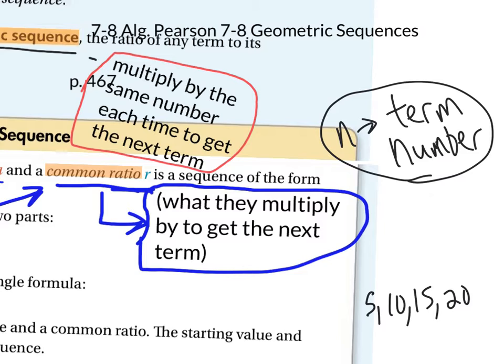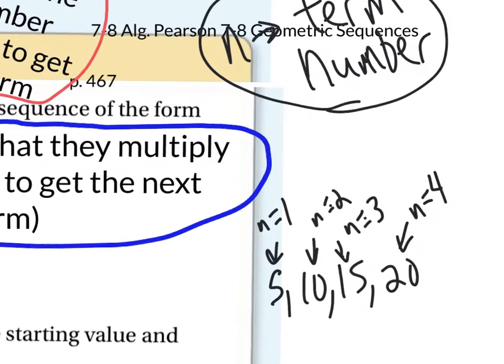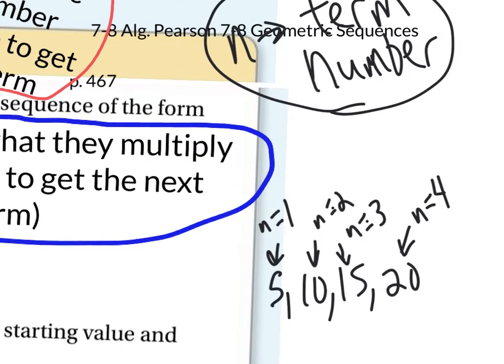The term number just tells us what term it is in the sequence. So for the 5, that would be the first term, so n equals 1. 10 was our second term, n equals 2. 15 would be n equals 3. And 20 would be n equals 4. So it's just telling us in our geometric sequence, what number is that in the sequence.